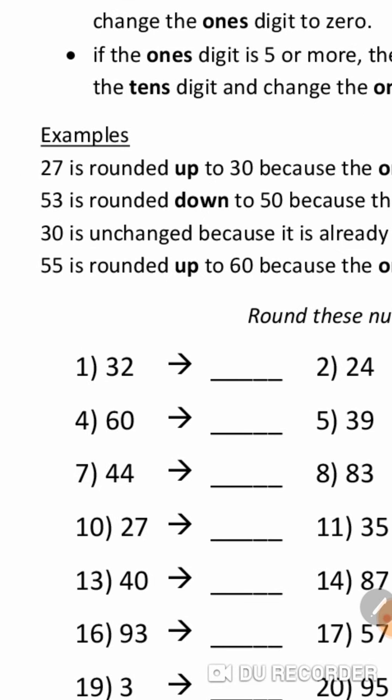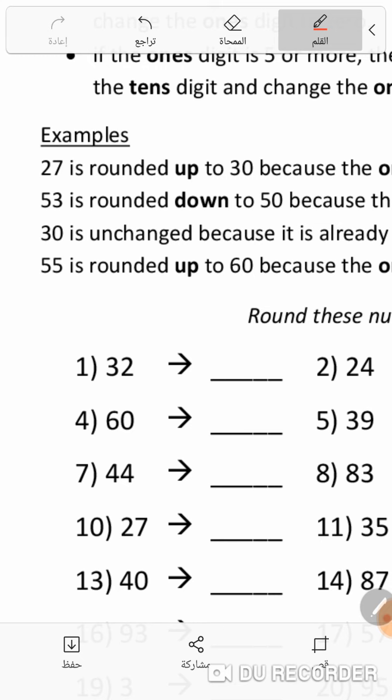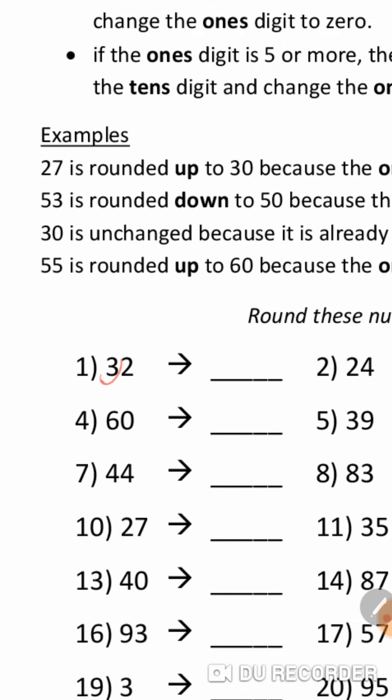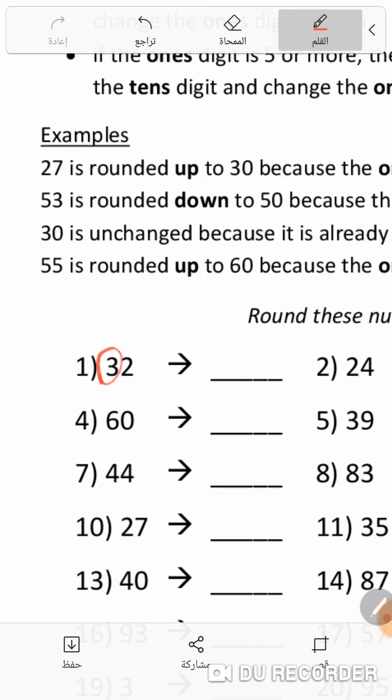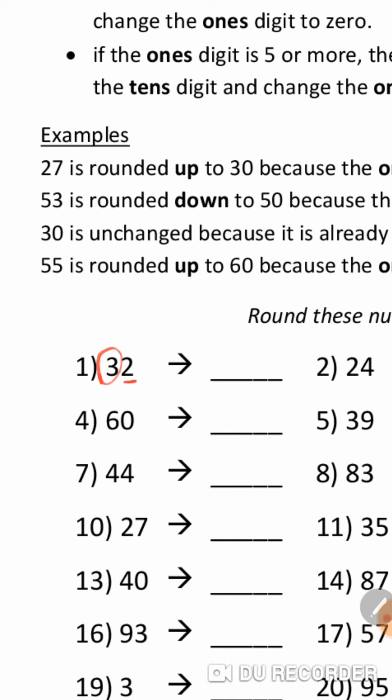Okay, question number 1. 32. I want to round 32 to the nearest 10 using the rules. What are the rules? Here I want to round the nearest 10, which means I will round the tens place, right? Now the tens place needs money. It will ask the next door number. Where is the next door number? 2.